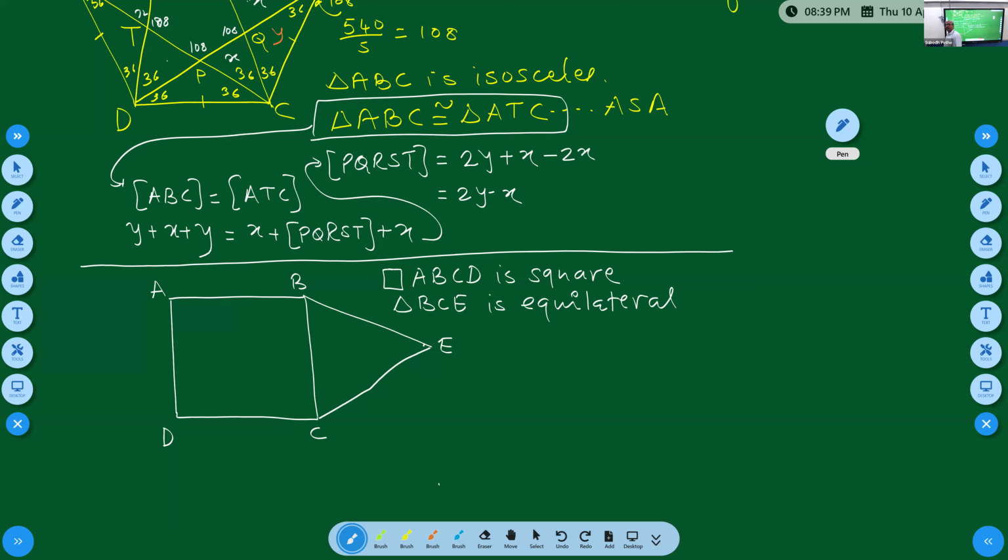And ABCD is a square. Find, if the side of the square is equal to 10, find DE.